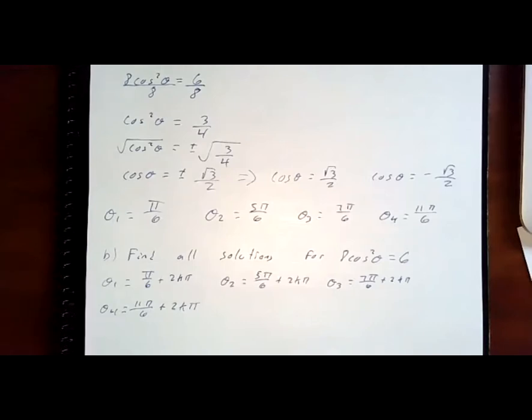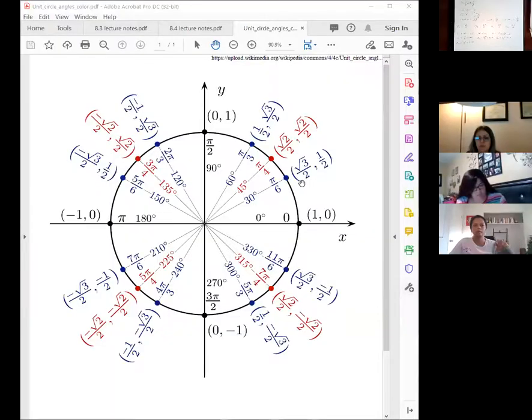Technically, you can probably condense those into 2 answers because I could land on, for example, you see pi over 6 is right here. If I add pi, I'll end up landing on this one. So I could just say pi over 6 plus multiples of pi, meaning I can go this way, right? Instead of 360. So technically, I can rewrite these this way.